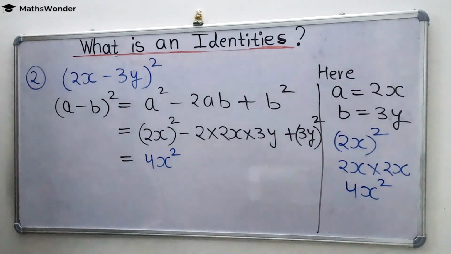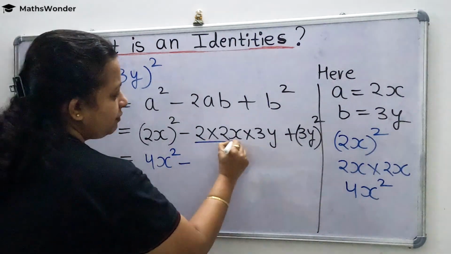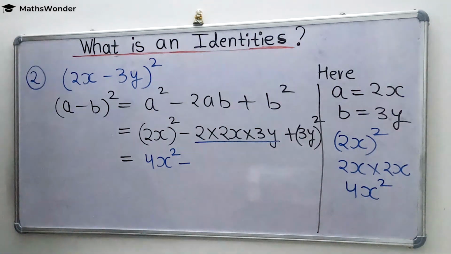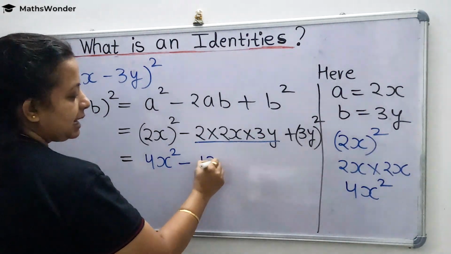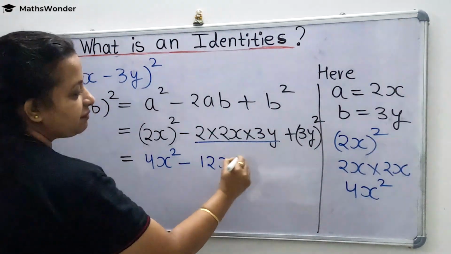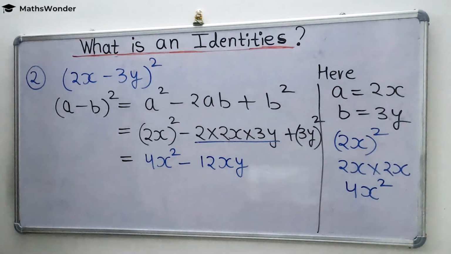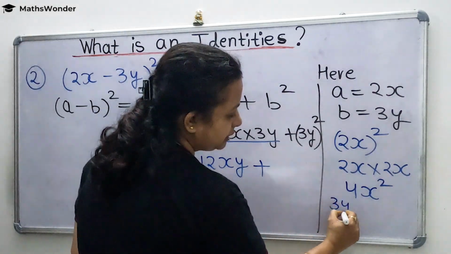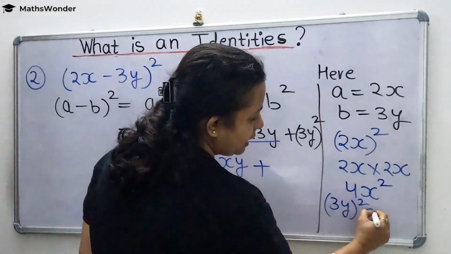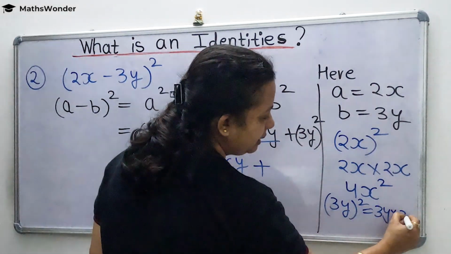Any query? Next, solve this, because all three are multiplied, so we will solve together. 2 times 2 is 4, 4 times 3 is 12, 12xy. Got it? Plus 3y whole square. Again come to this side. 3y whole square means 3y times 3y.